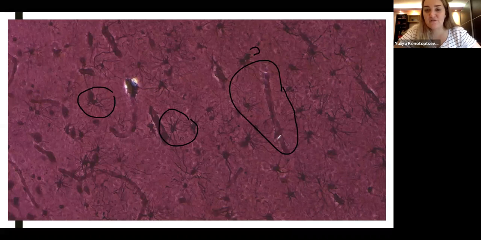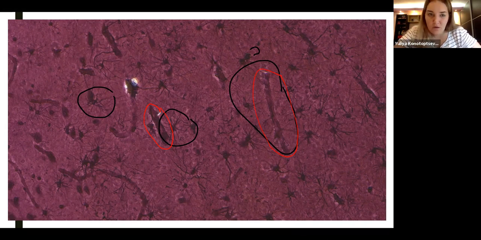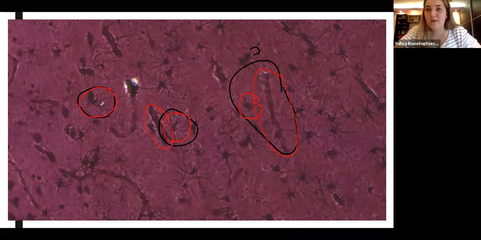So first of all, these things right here, this is a blood vessel. Okay, so these lines that you can see here, these are blood vessels in the brain tissue. What are these cells? Astrocytes. They are astrocytes. What we should ask ourselves, are they protoplasmic or are they fibrous? What do you think? Protoplasmic. Absolutely correct. That's protoplasmic astrocytes.